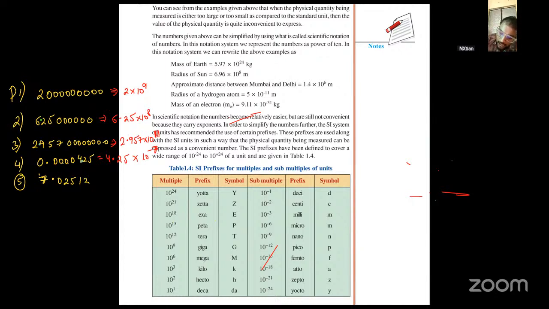Sir, yes, but if you have 5 decimal places after the 5, it will become 425 into 10 to the power of -7. This is correct. But as I told you, in numbers of more than two or three digits, like 425 is three digits, we will consider only one digit and write the point after that. So it becomes 4.25, we will not take 425.